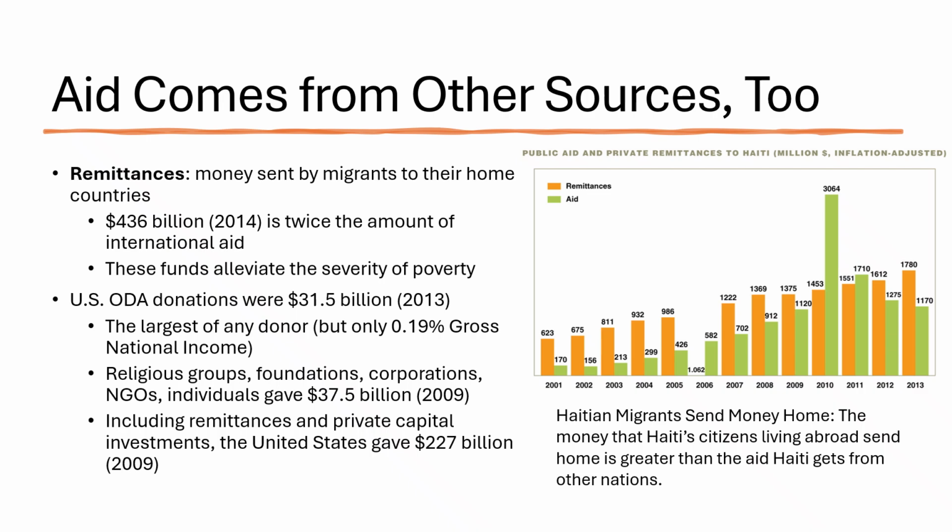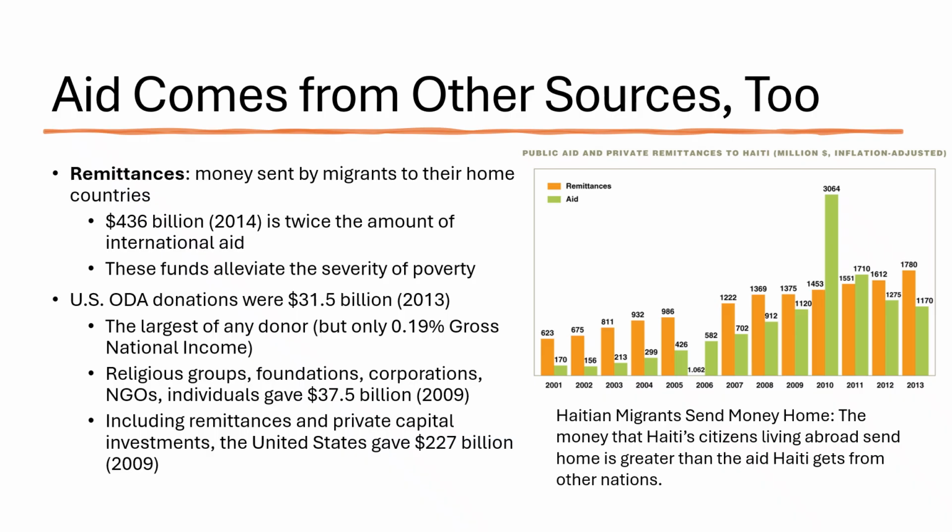And then the last source of income is what we call remittance. It's money that is sent by migrants to their home countries in order to alleviate the burden of the debt and to not rely on donations. People will emigrate to another country, and then they will send money back home.